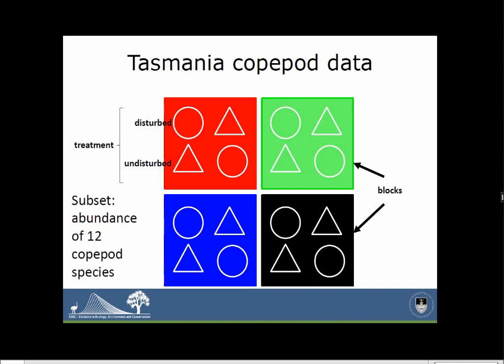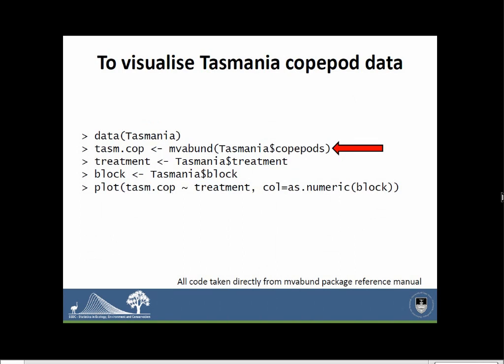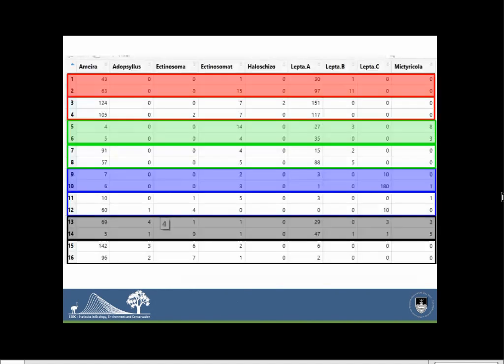Once you bring in the data, we want to visualize it. The first thing you have to do is create your mvabund object. Okay? And this is what the object looks like. Instead of which block it's in and what disturbance level it is, you just have 1 to 16.